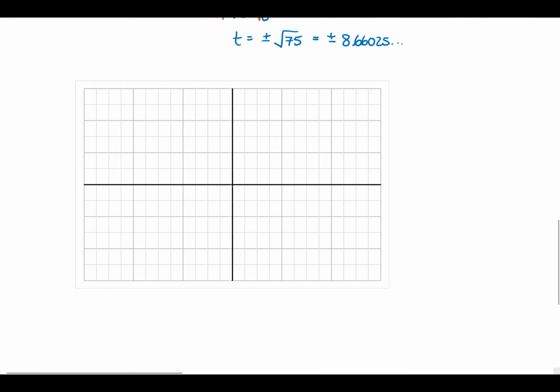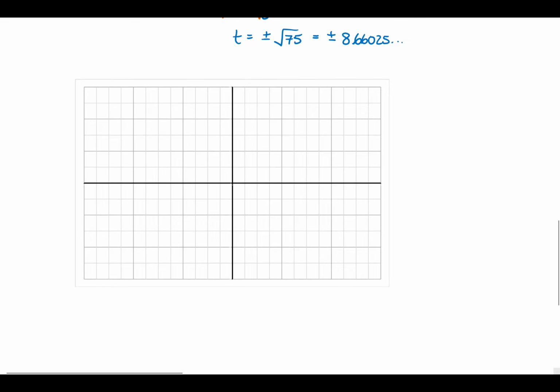So now working with my graph, I know I want to plot my min at (-5, -250). I want to plot my max at (+5, +250). I know I have my y-intercept at (0, 0), as well as one of my x-intercepts, or I should say t-intercepts.